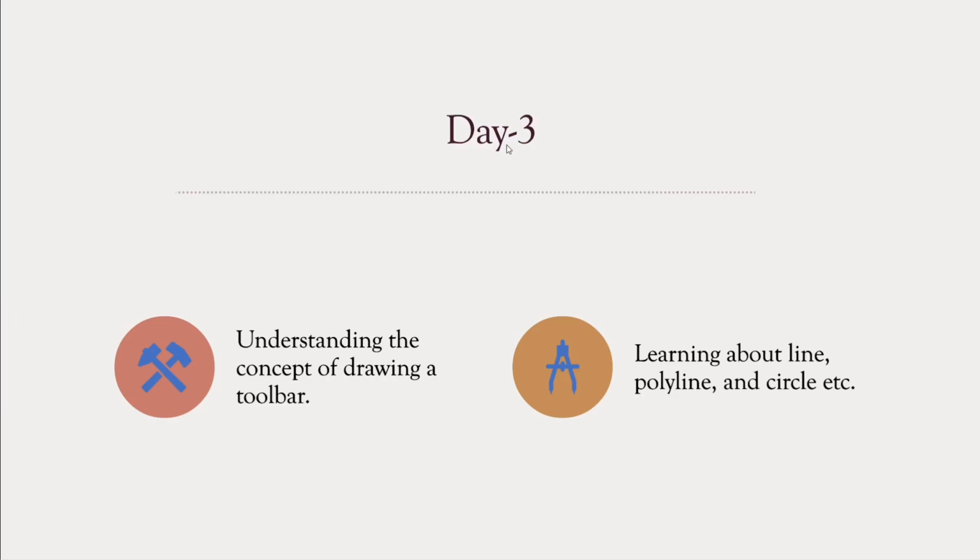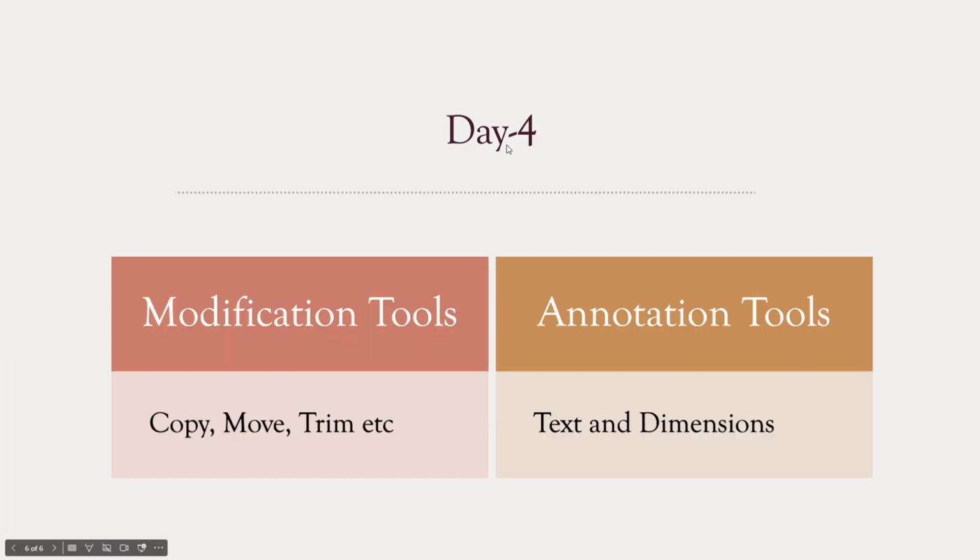Hi. This is the next lecture after the previous one, in which I explained the line, polyline, circle, and other modification tools. In this one, I'll explain in detail the modification tools and the annotation tools.